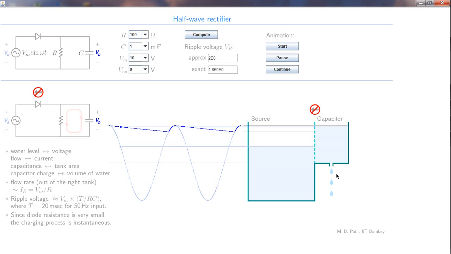We have to then replenish only a smaller volume, and that corresponds to a decrease in the ripple voltage.